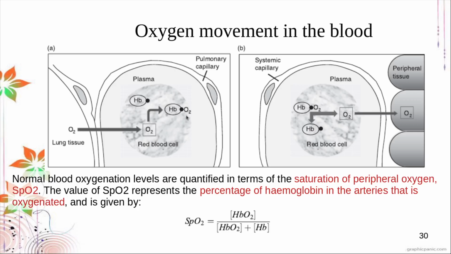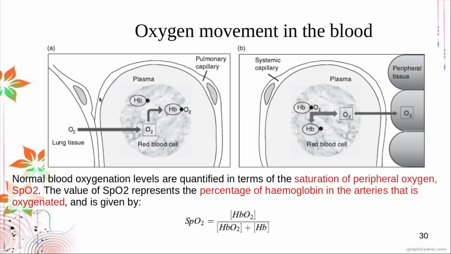That's why a vibrant red color of blood indicates very oxygenated blood, or blood that is high in oxygen content. Normal blood oxygenation levels we quantify in terms of the saturation of peripheral oxygen, or SpO2. When the hemoglobin in the red blood cells picks up the oxygen from the lung tissues, you have a high SpO2 value.